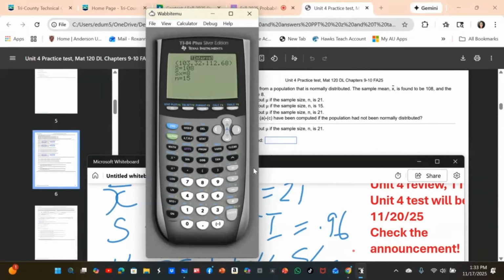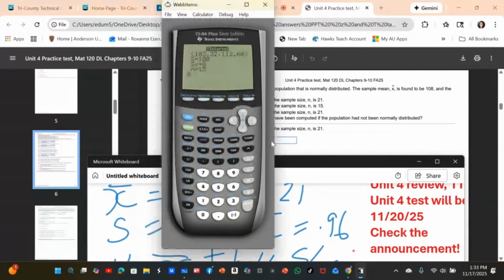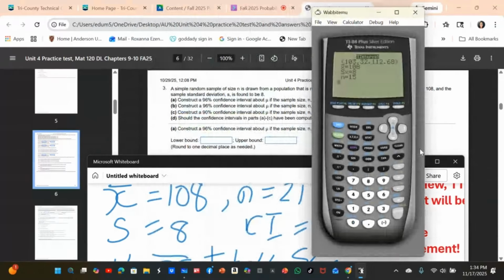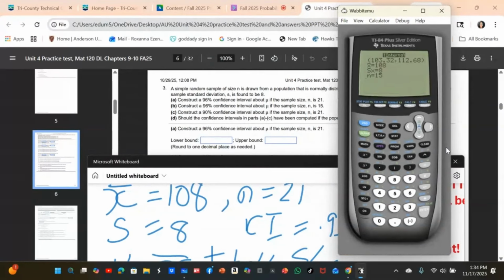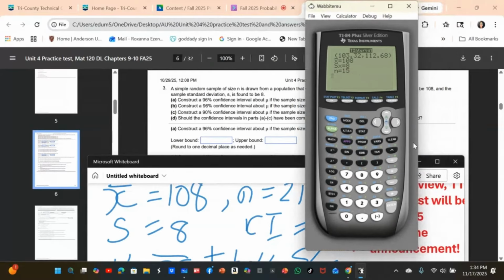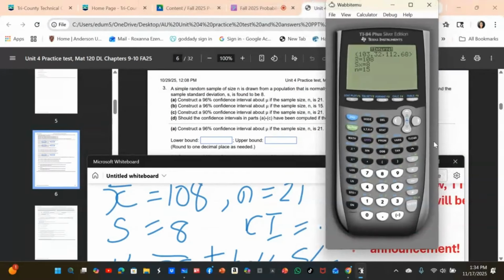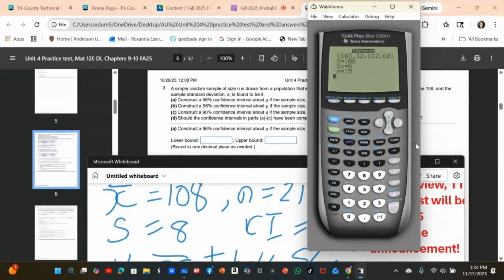Okay, so question C. In question C, we are going to decrease the confidence level, and we keep 21 as the sample size. What happens to the margin of error when the confidence level decreases and the sample size is the same?